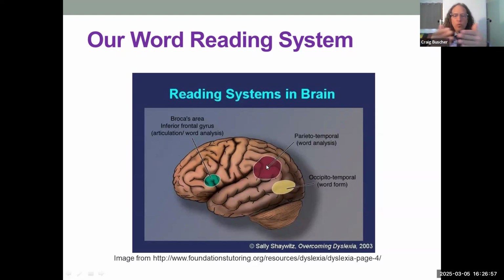Quite often, though, when you look at the brain imaging scans of students with dyslexia, there's very little activation in this middle part where it says the parieto-temporal word analysis. So they're not connecting phonology to orthography, the print to the sounds. Those students, when that's not happening, when they see a word, the best they can do is guess.